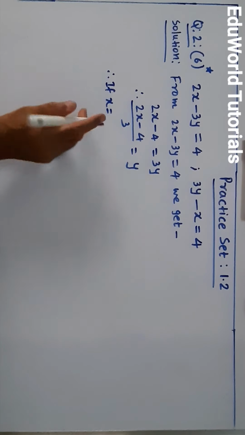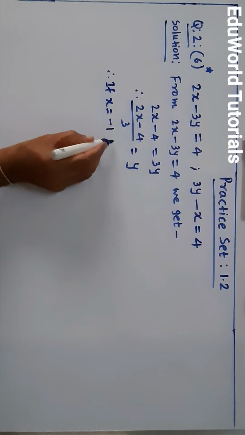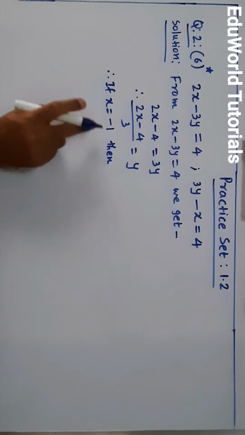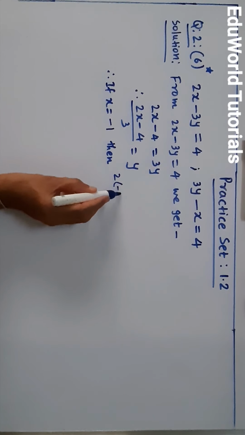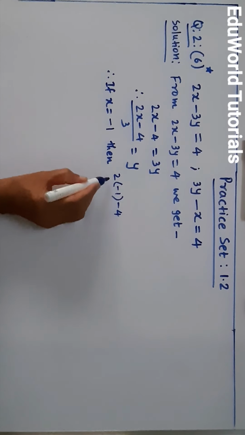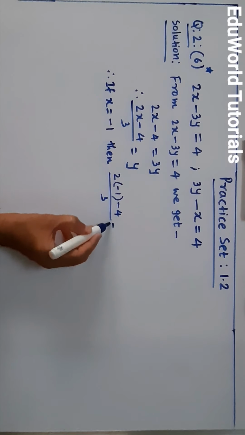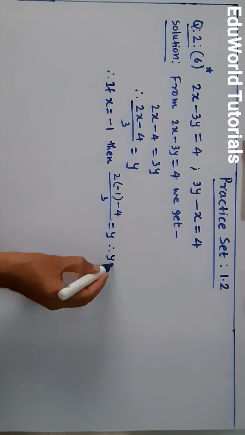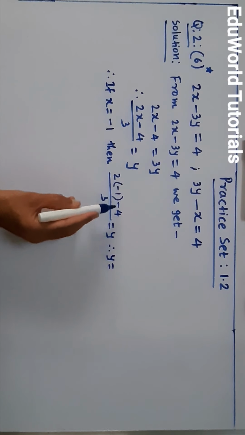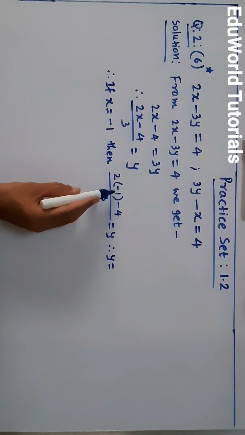If x equal to say minus 1, then 2 into minus 1, minus 4 upon 3 is equal to y. Therefore y will be equal to, how much is it? 2 into minus 1 is minus 2.